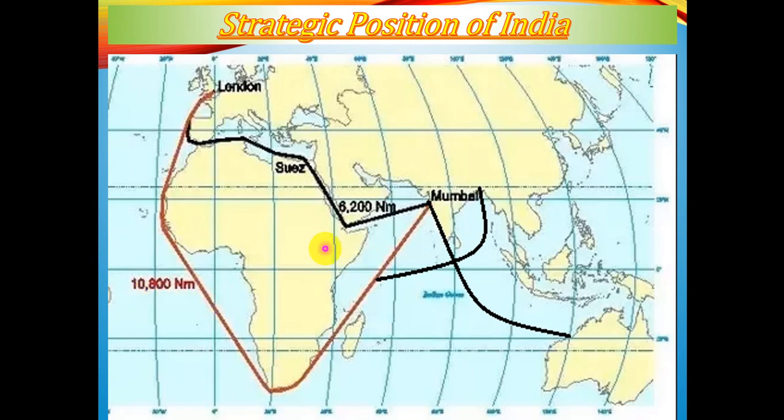But now, after the discovery of the Suez Canal route, it is just 6,200 nautical miles. So we have got a hugely reduced distance between Europe and India due to this Suez Canal route. This is due to its west coast, and towards these countries it is due to the east coast.